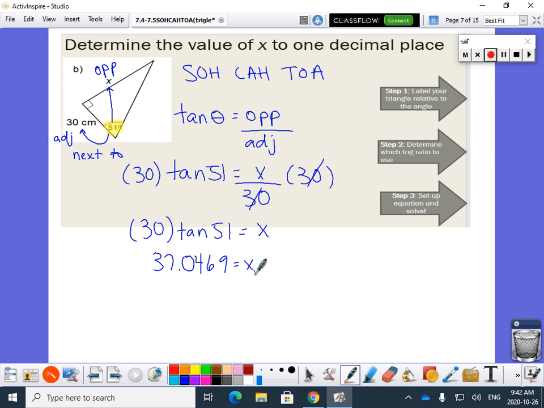equals x. And then when we are getting the side lengths, you can round to one decimal place. So when we did angle measures, it was 4. So in this case, it becomes 37.0. Now, determine the value of x to one decimal place. And now, if the question gives you units, you need to make sure you include those.